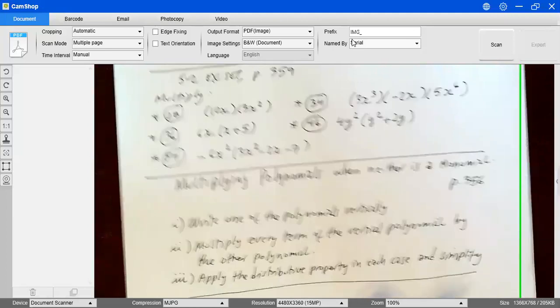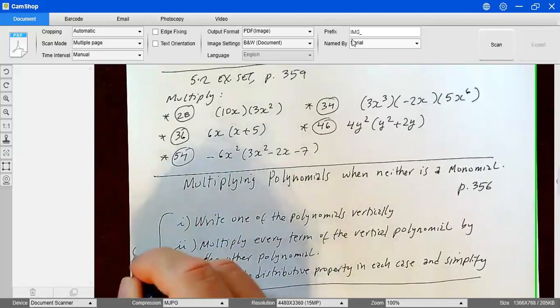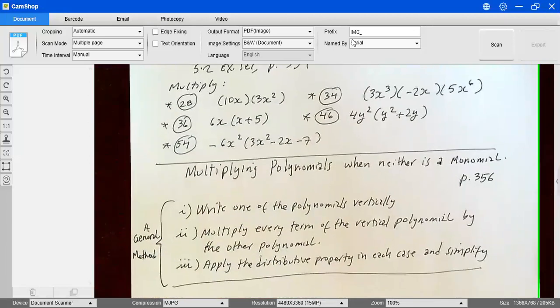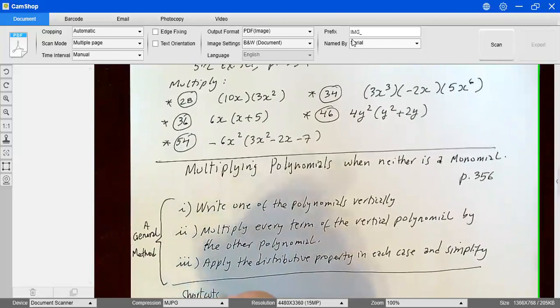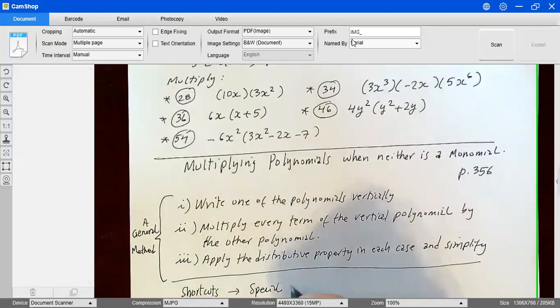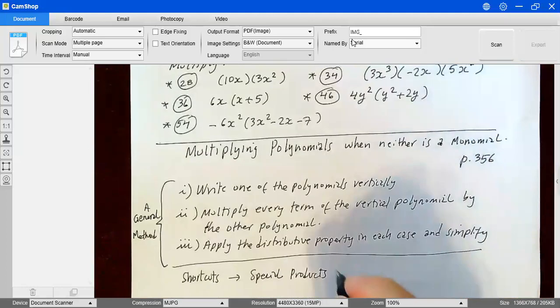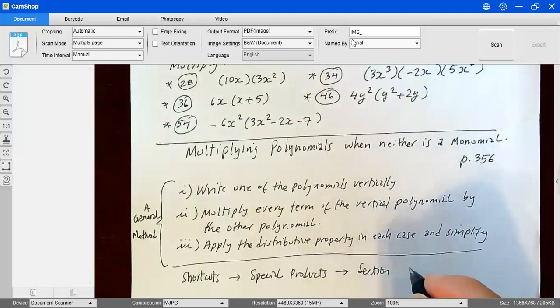So this is going to be a sort of general method to multiply polynomials. But we're going to have shortcuts. So there are special cases. So there are special products, and those are covered in section 5.3.